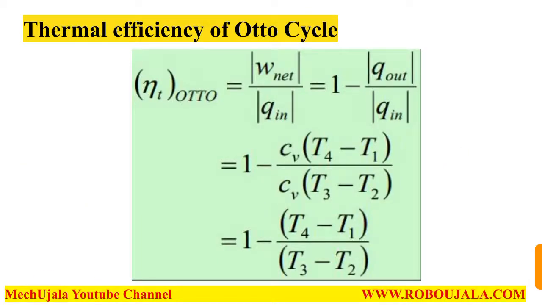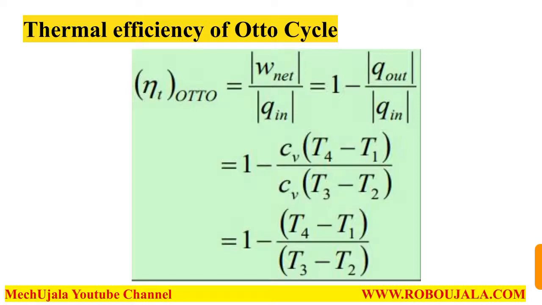So we can calculate efficiency of Otto cycle by using this formula: W net, work net per unit heat input, is equal to 1 minus Q out upon Q in. And we can write Q out because in 4 to 1 we are getting heat output, and in 2 to 3 we are getting heat input.